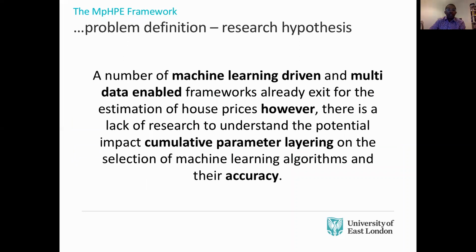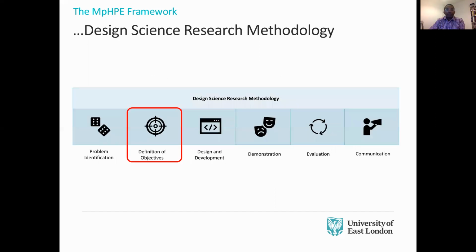Now, a number of machine learning driven and multi-data enabled frameworks already exist today for the estimation of house prices. However, there is a lack of research to understand the potential impact of cumulative parameter layering on selected machine learning algorithms and their accuracy.